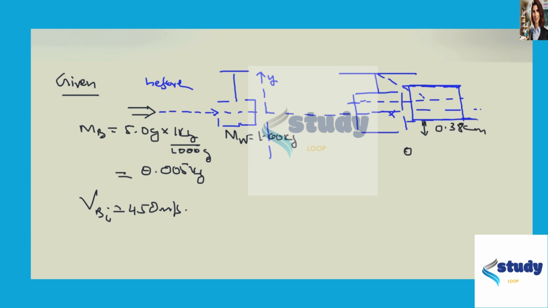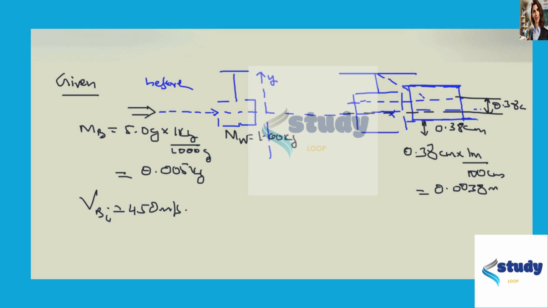We can change that to meters by multiplying 0.38 centimeters times 1 meter over 100 centimeters, and this becomes 0.0038 meters. The center of gravity rises by the same amount, so 0.38 centimeters.